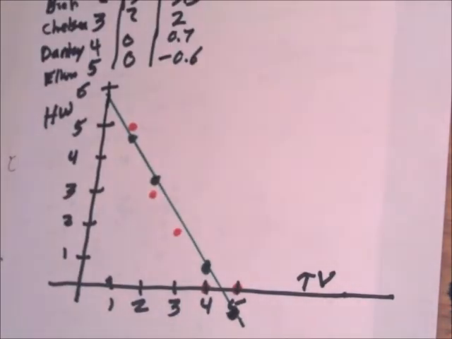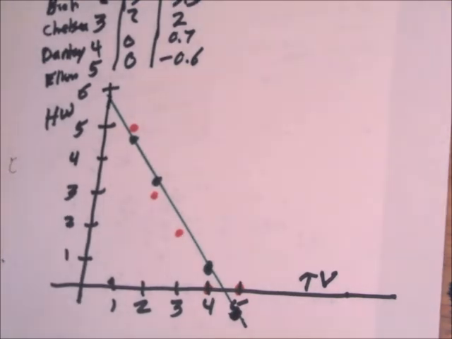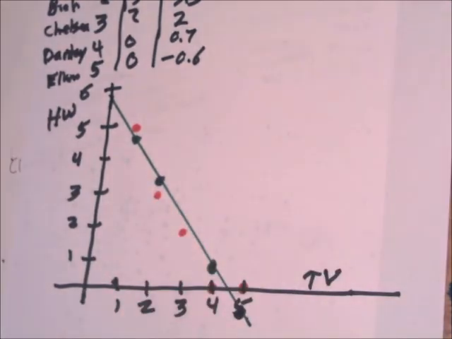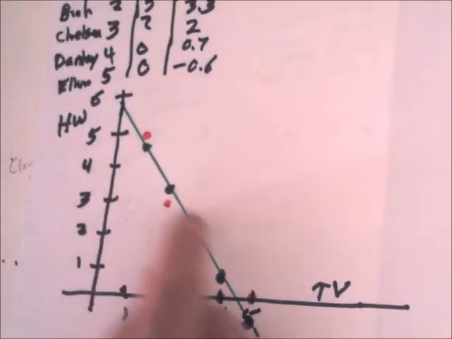You can see that, well, it's a line. The line goes down as you go from left to right. So from the graph we can see that the line has a negative slope, and whether you're looking at the red dots or the green dots, it goes down.